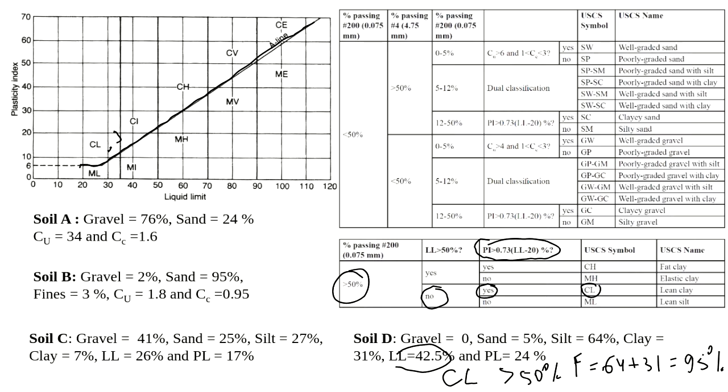No, sorry, my mistake. So 42.5 minus 20, it's 22.5 times 0.73. It's 16, right? And it's still below.